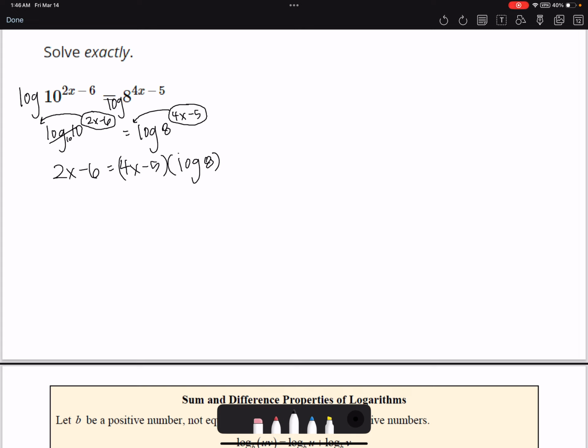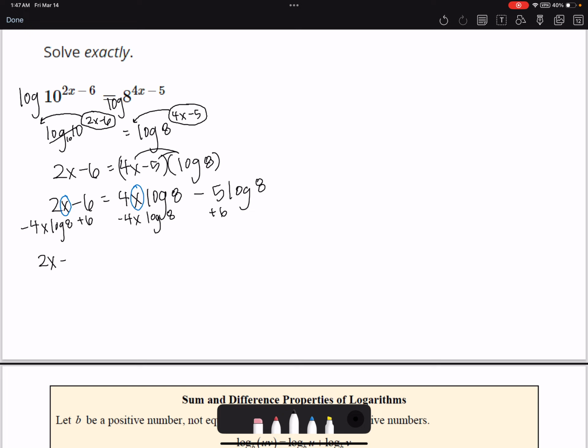What we can do is distribute this. So on this side, nothing changes. And then we have 4x log of 8 minus 5 log of 8. We want everything with an x on the same side so that we can factor the x out and get x by itself. So I'm going to add 6 over here, and I'm going to subtract 4x log of 8 minus 4x log of 8.